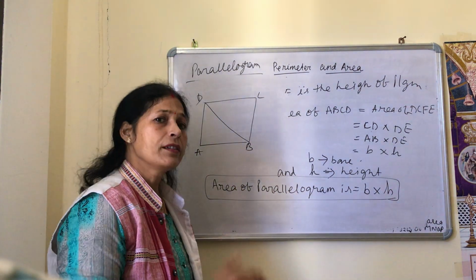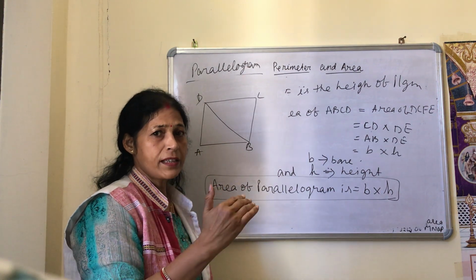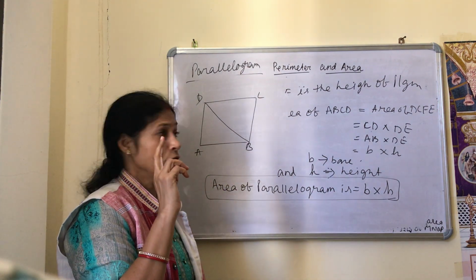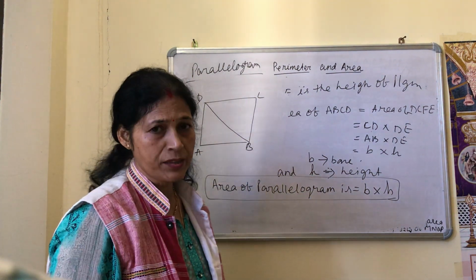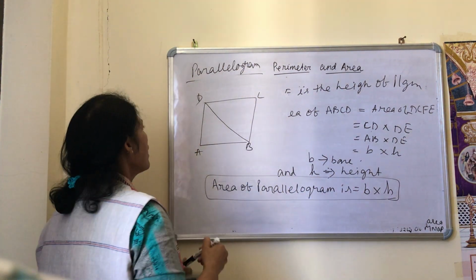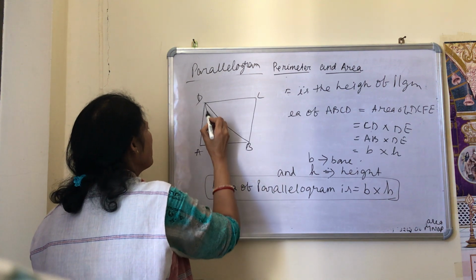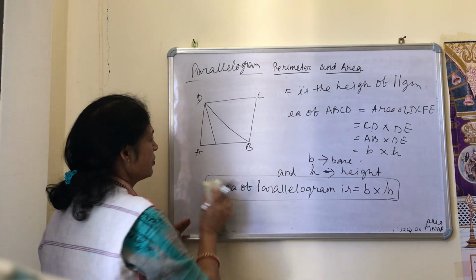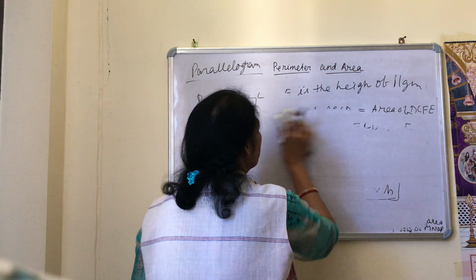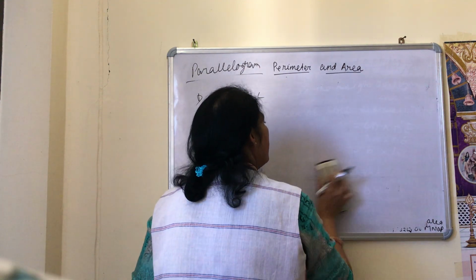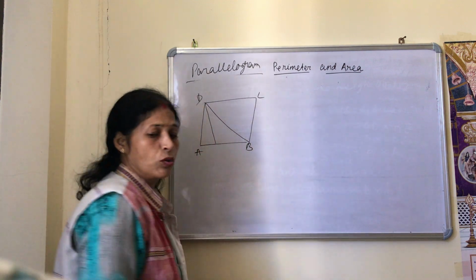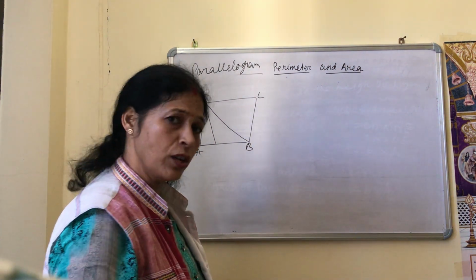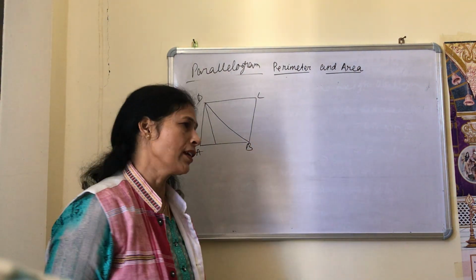You know that the diagonal divides the parallelogram into congruent triangles, meaning equal. So this is your height. The diagonal divides the parallelogram into congruent triangles.